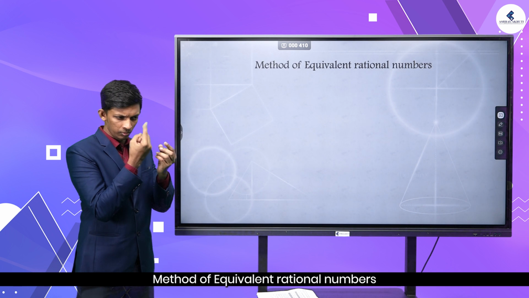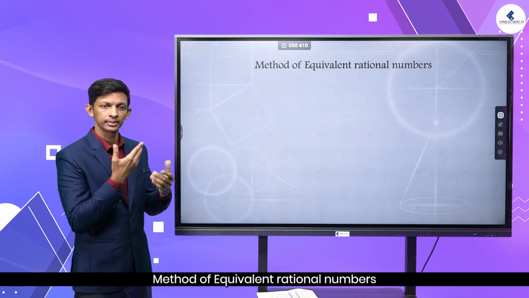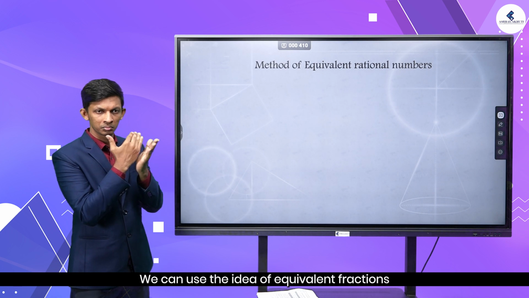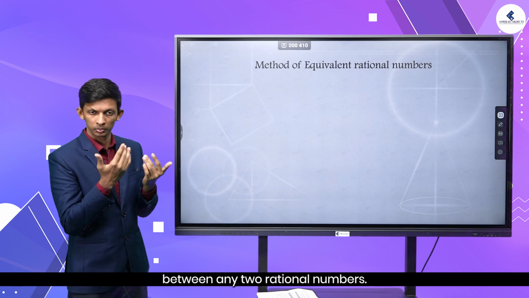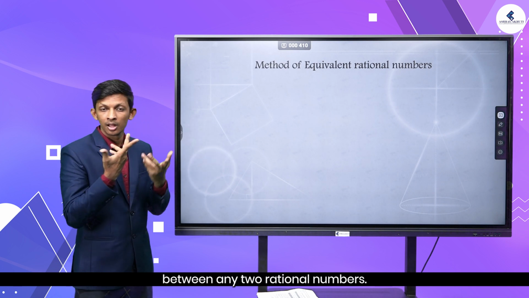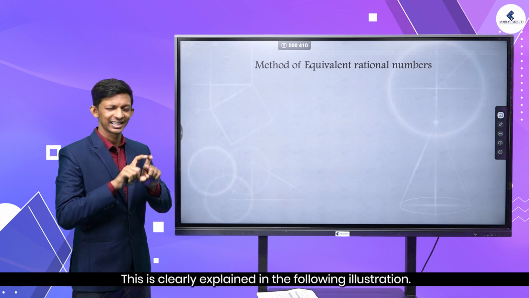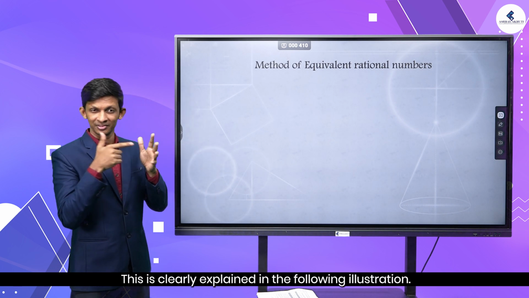Method of equivalent rational numbers. We can use the idea of equivalent fractions to get more rational numbers between any two rational numbers. This is clearly explained in the following illustration.